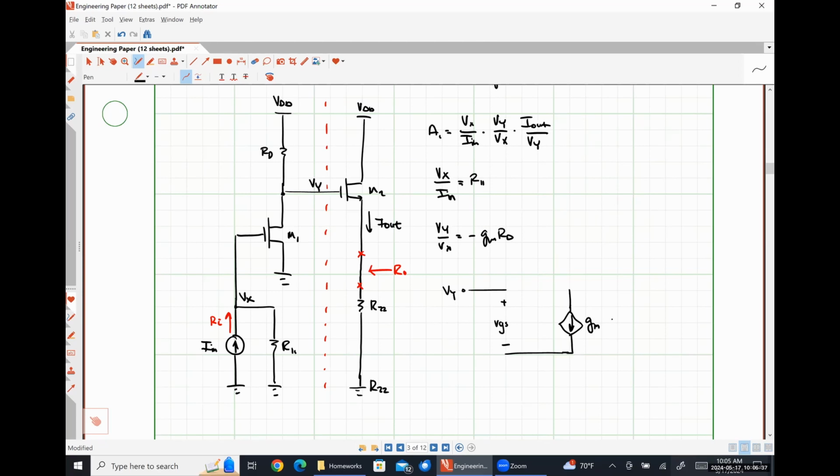Here we have GM2 times VGS. The drain of transistor M2 is grounded.